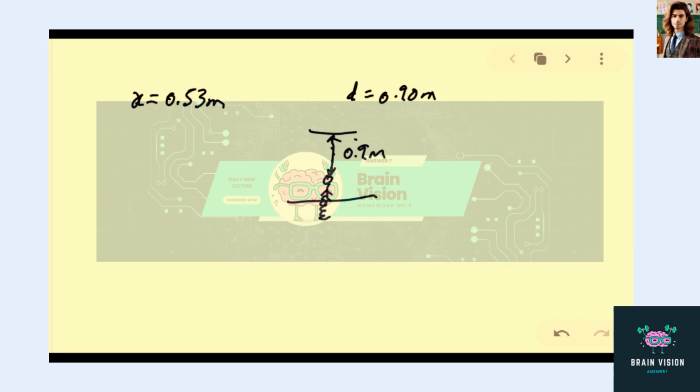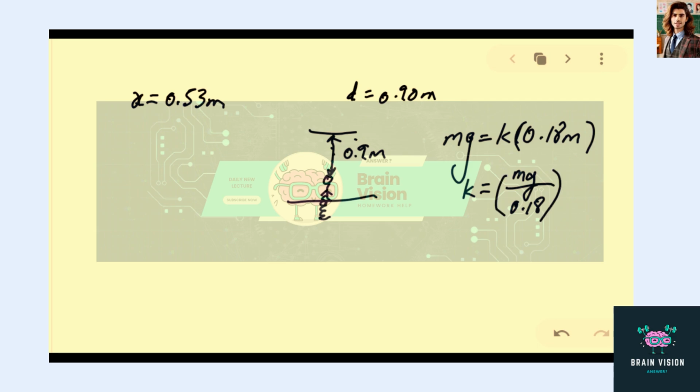So first off, we know that the person with mass m will compress the spring by 0.18 meters. So basically mg equals k times 0.18 meters, so k is basically mg divided by 0.18. This is going to be very important for later.